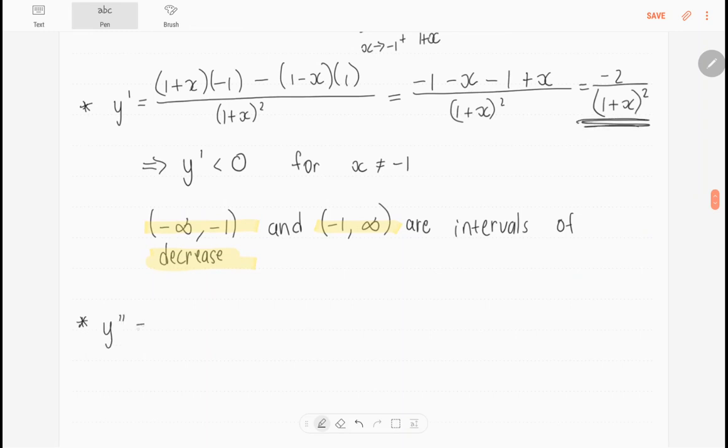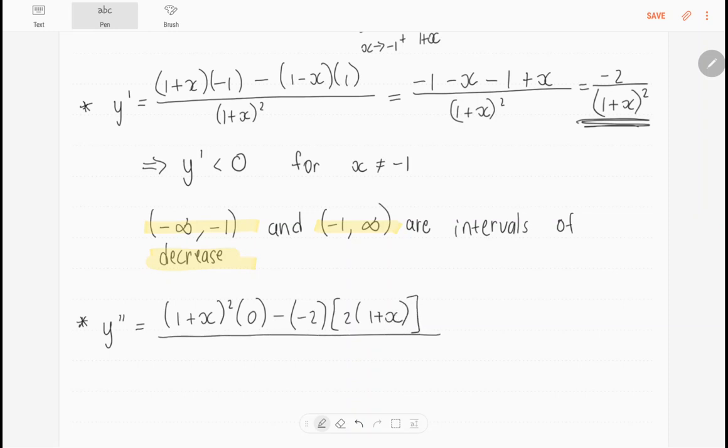It's going to be the bottom multiplied by the derivative of the top, which is just 0. Then I have minus the top multiplied by the derivative of the bottom, which is 2 times 1 plus x. And then I have that all divided by the bottom squared.